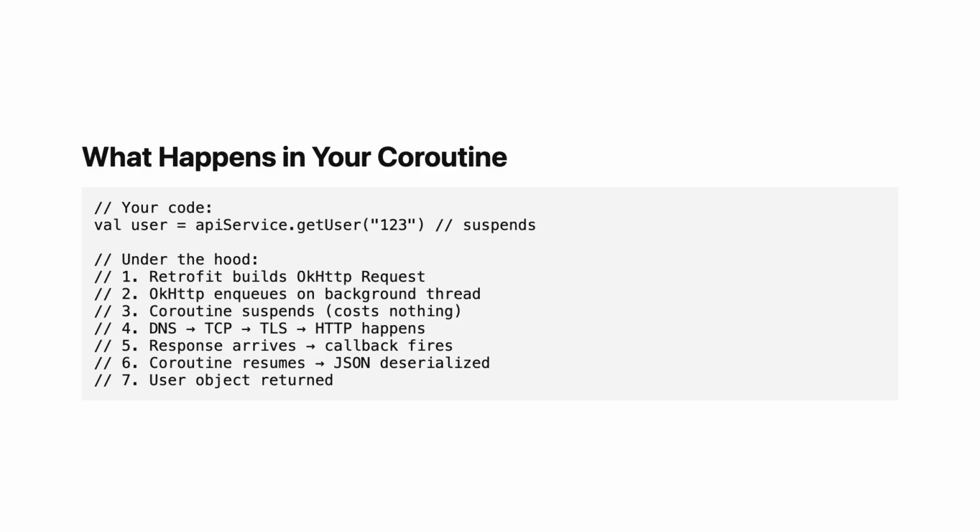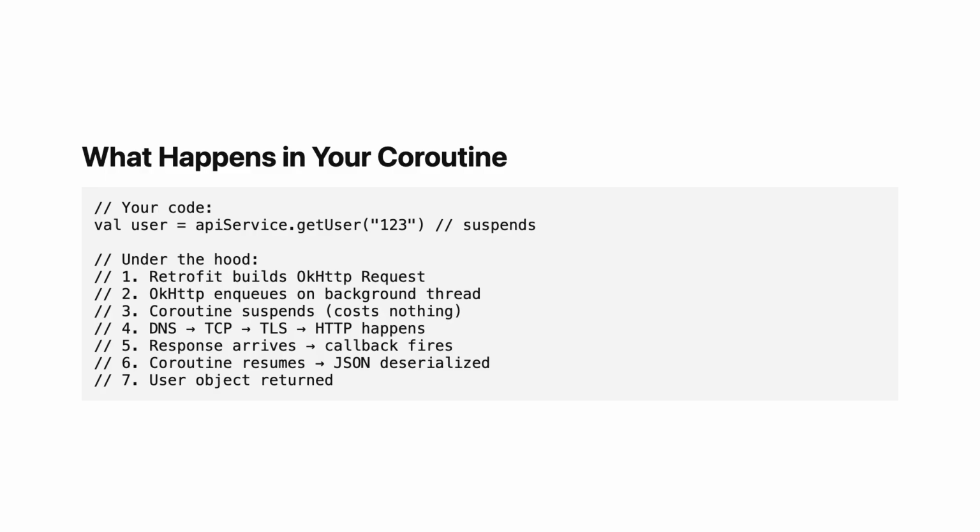When the response finally arrives, OkHttp invokes a callback, Retrofit resumes your coroutine on the dispatcher you specified, usually Dispatchers.IO, and then your converter factory, Moshi or Gson or whatever, deserializes the JSON into your Kotlin data class. Only then does your suspend function return with the result.